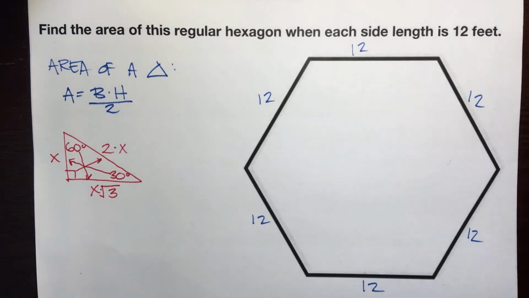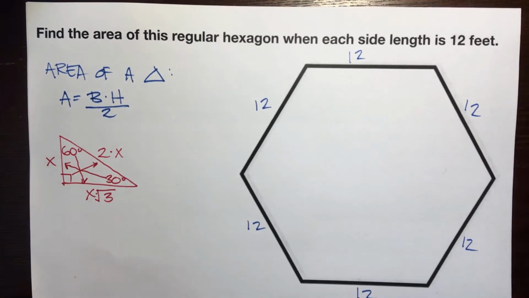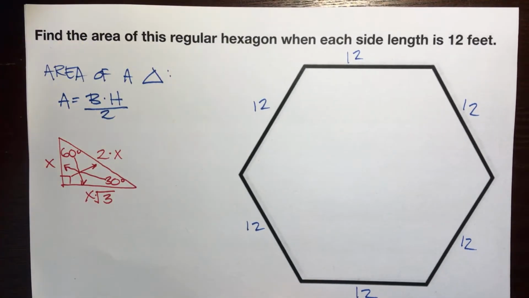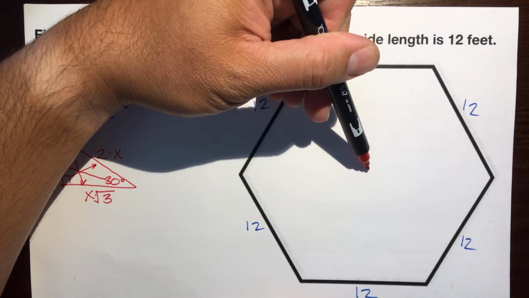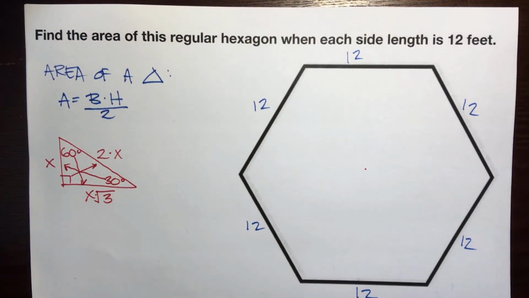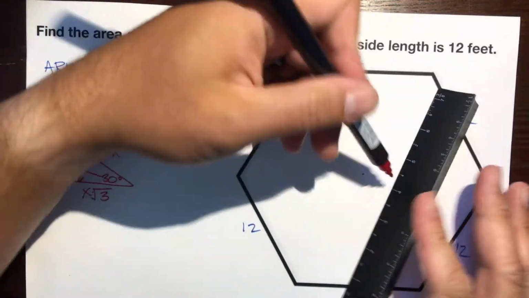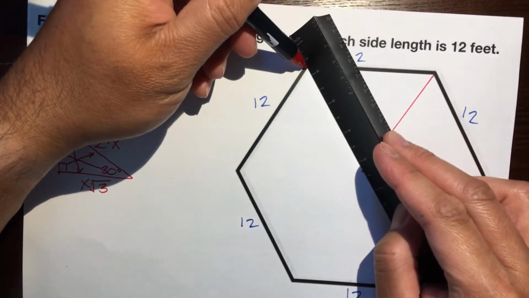So here's how we're going to do this. Well, our first tool is the area of a triangle, so we're going to divide this up into triangles. So I'm going to estimate where the center is. I'm estimating it's right about here. And I'm going to take my ruler and just divide it up into triangles.